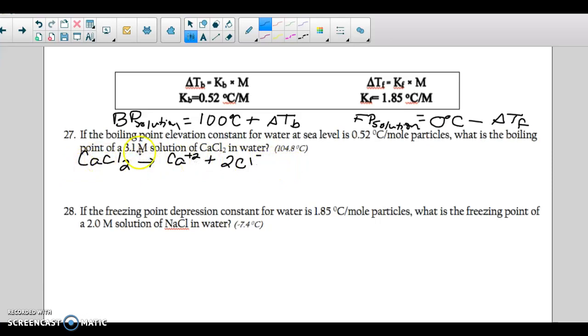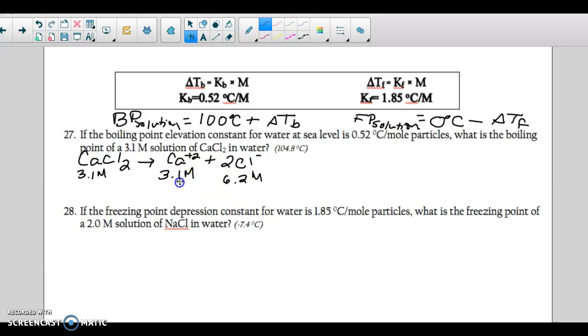And I know that it's a 3.1 molar, or moles per liter, of calcium chloride. So this is in a 1-to-1 ratio, so it's going to be 3.1 moles per liter of calcium ions, and then multiplied by 2 because there's twice as many moles of chloride. So it would be 6.2 molarity of chloride ions.